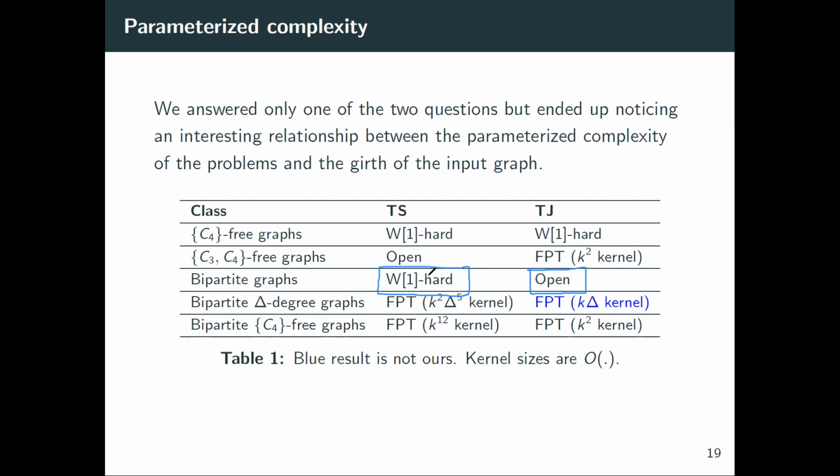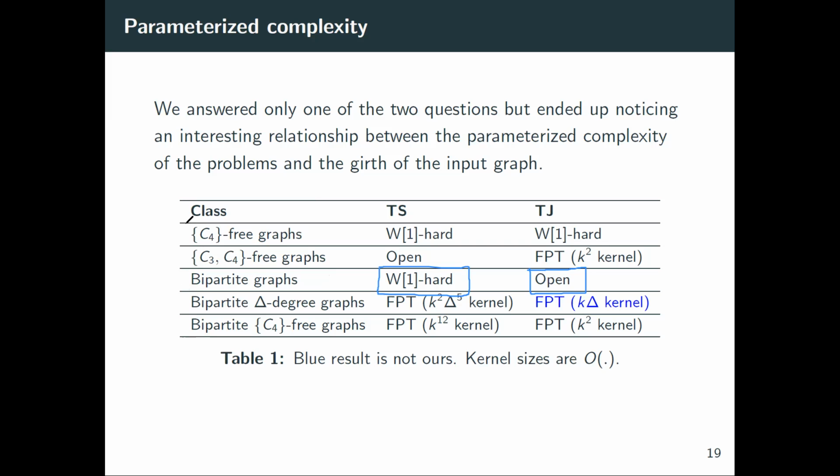Having answered that question and failed on the next one, we started thinking about ways to simplify some of these questions a little bit. So the next thing we asked ourselves was, from bipartite graphs, how can I go to other classes of graphs and see where token jumping becomes hard or easy?